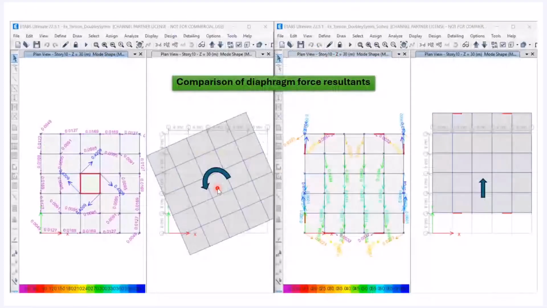Let's look at another output which is available in the ETABS program, which is the diaphragm force output. You can see this for the doubly symmetric building, right? You can see the response here. You open ETABS.